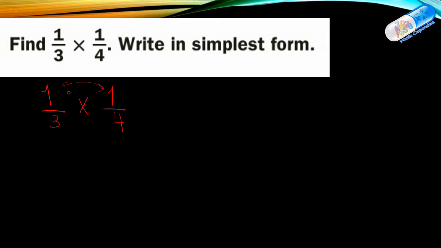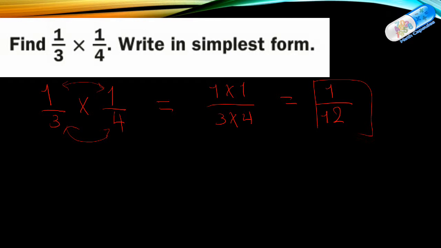So directly we will multiply numerators and we multiply denominators. 1 times 1 up, and 3 times 4 down. So 1 times 1 is 1, and 3 times 4 is 12. Is this the simplest form? Yes, of course, this is the simplest form because 1 and 12 have no common factor, only 1.